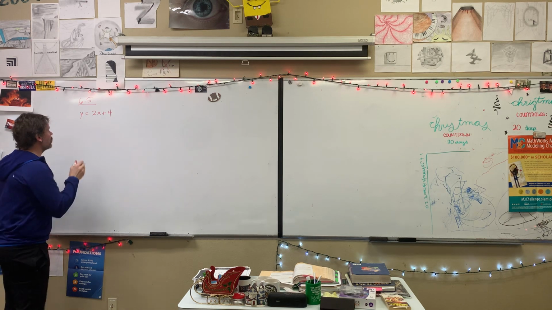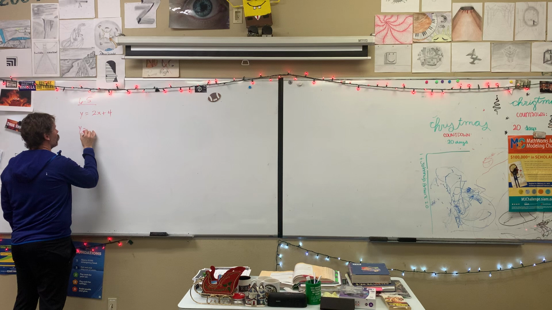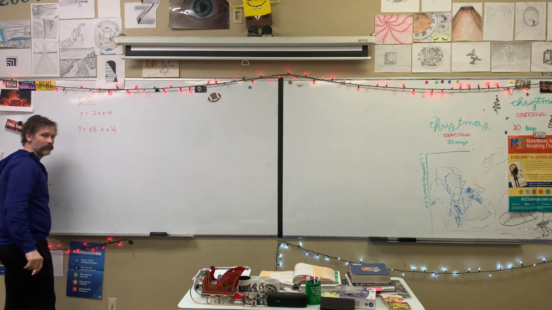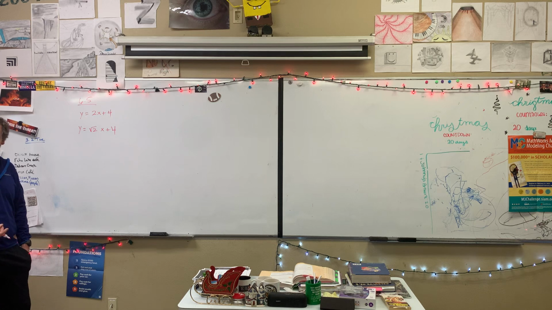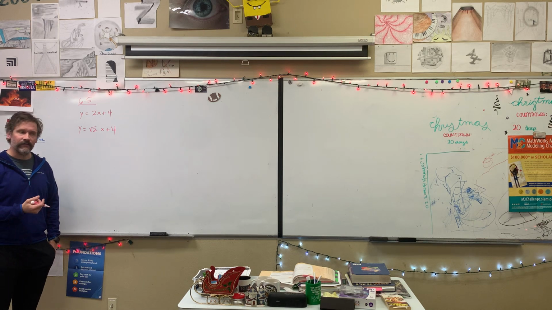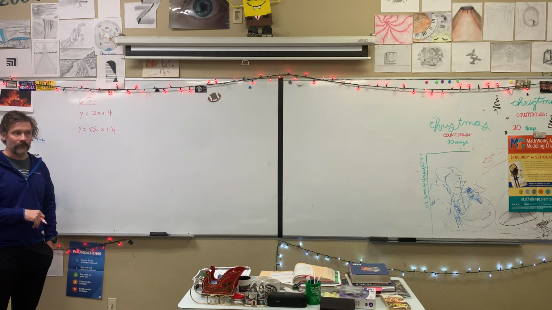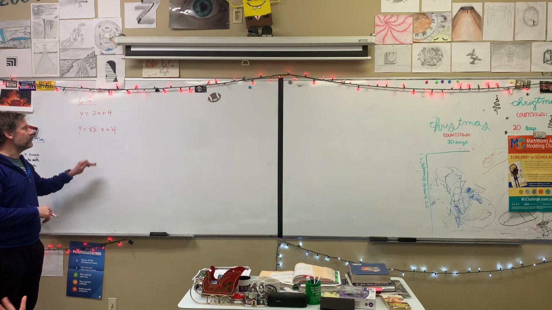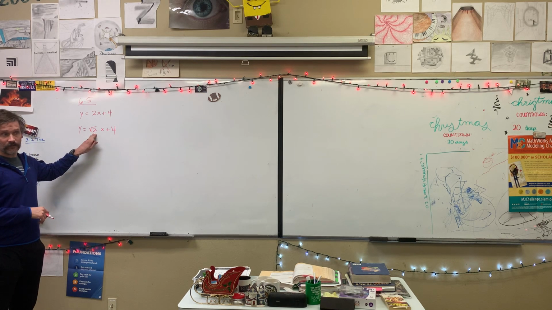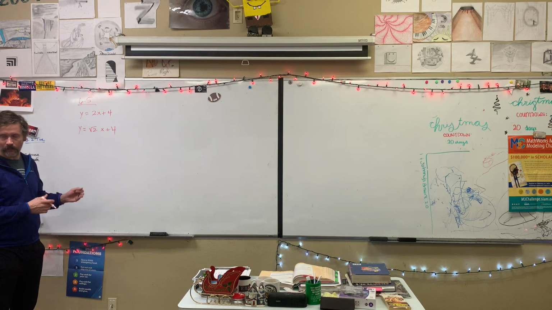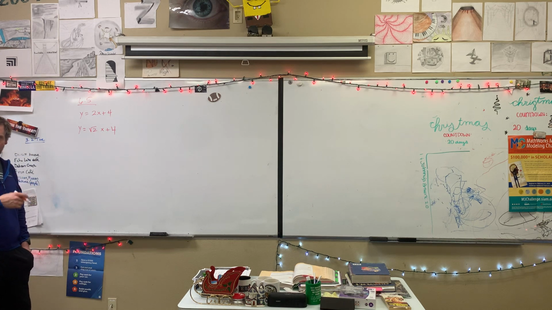If I gave you y equals root 2 x plus 4, also not a radical equation, because the variable is not underneath the radical. In this case, root 2 is just the slope, 1.41 over 1. So it has a slope of root 2.